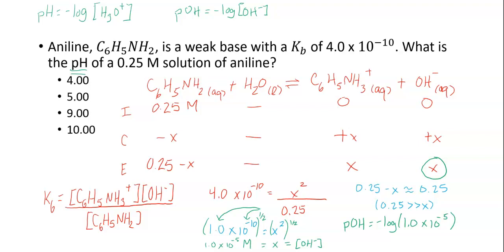Now you might be wondering, well, what is the negative log of 1.0 times 10 to the negative fifth? How am I supposed to do that? Well, if you understand logs, you should know how to do it.